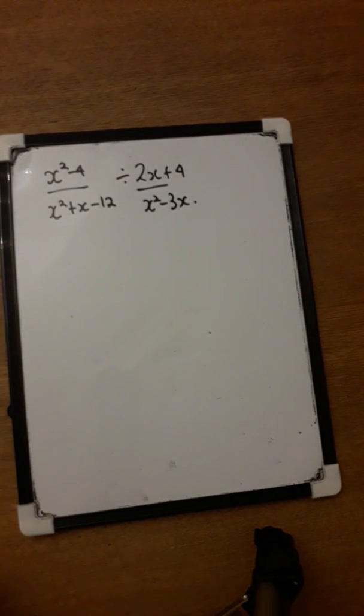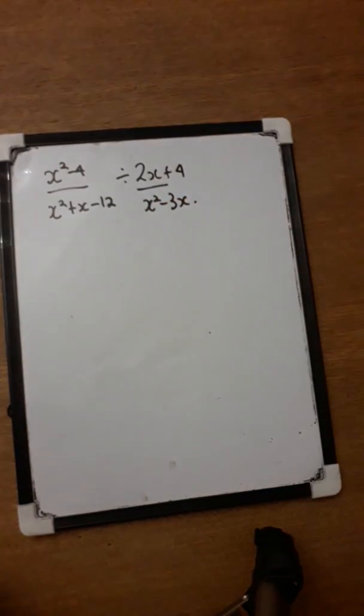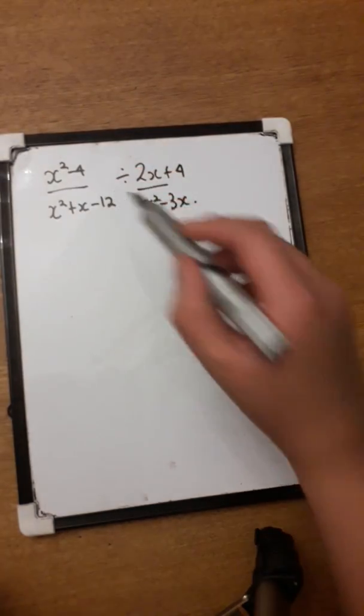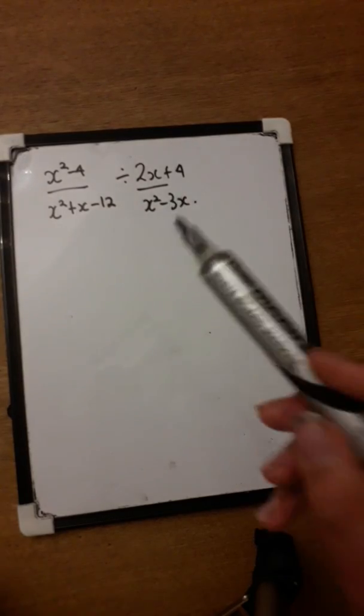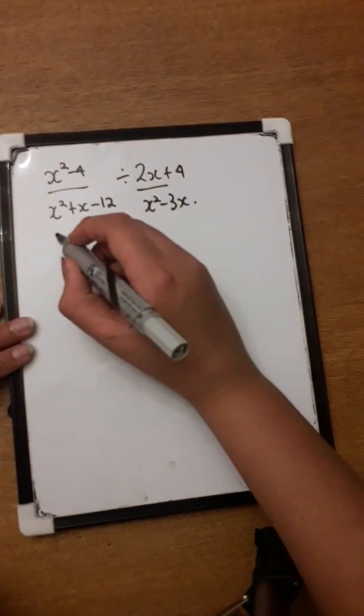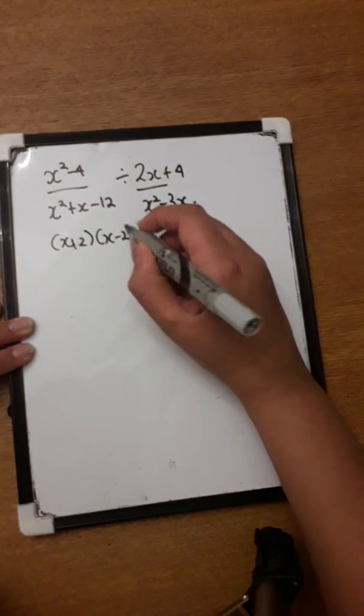Okay, so the way to approach this question is look as to whether you can perhaps get rid of anything or perhaps put something into brackets. So we'll start off with x squared minus 4. As we can see, x squared minus 4 relates to the difference of two squares. So it equals (x plus 2)(x minus 2).